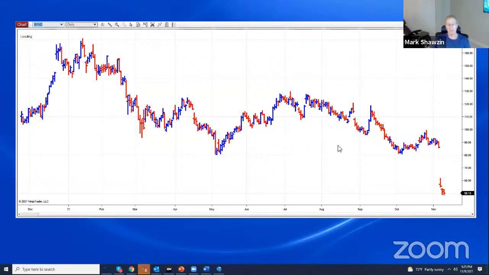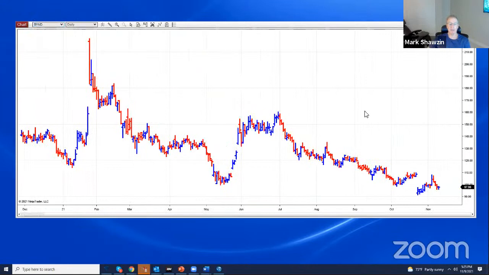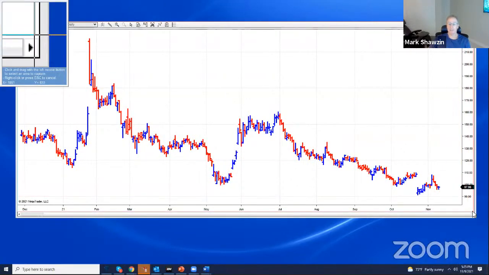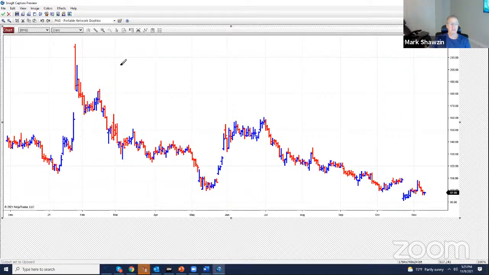And Beyond Meat looks very much the same way, where you have a bunch of bear price patterns. And now you have this inside bar, this narrow range bar.